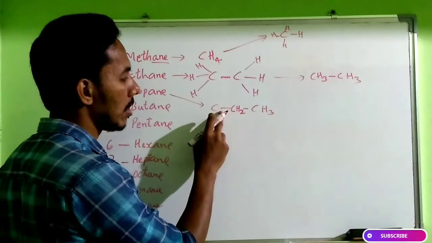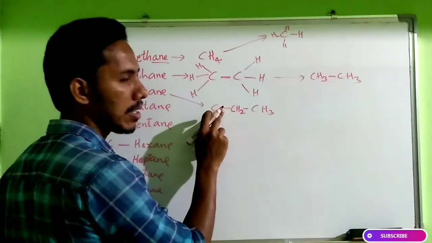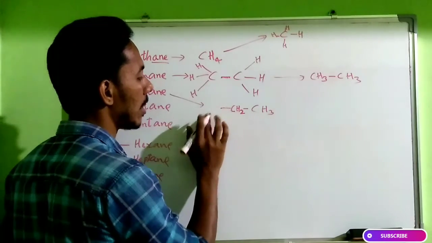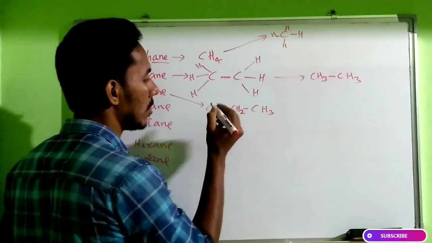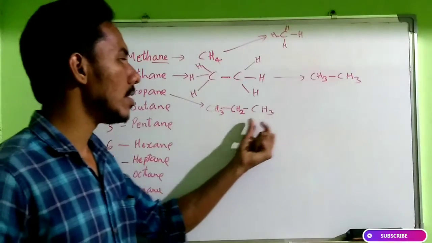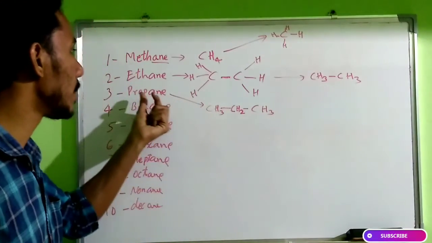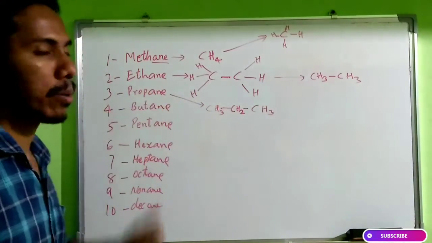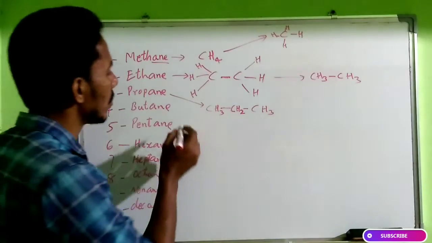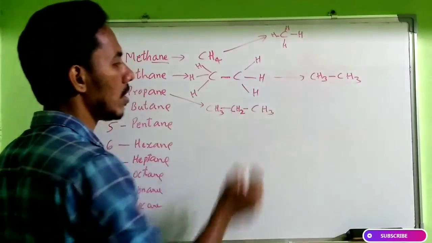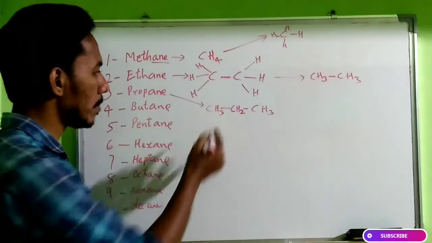And for this one, 1 is bonded here, then 3 are left. So CH3. CH3, CH2, CH3 is the chemical formula of propane. You need only to draw like this, a simple way.